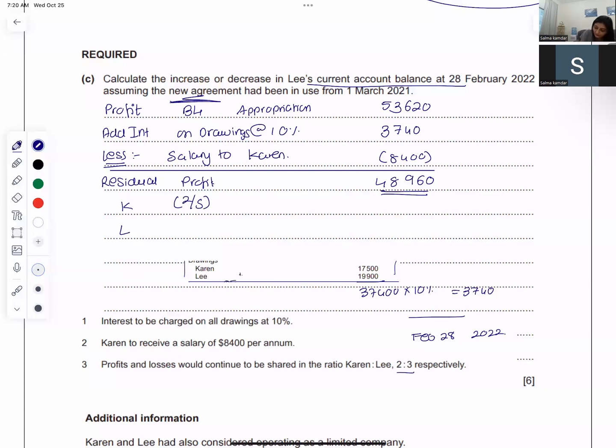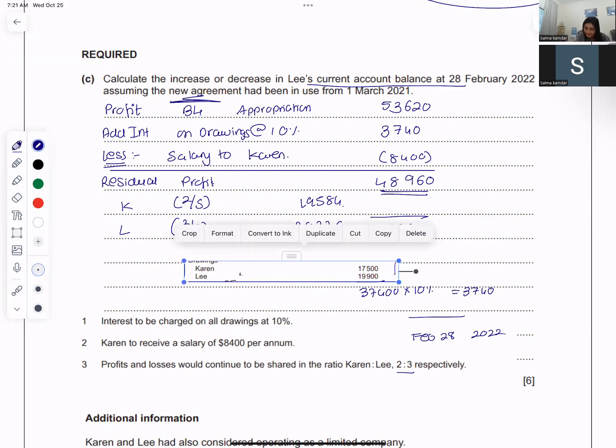So Karen will get 2/5 and Lee will get 3/5. Karen will get 19,584 and Lee would get 29,376.